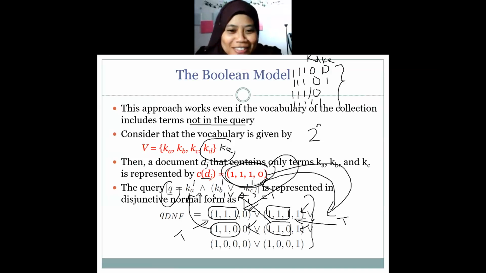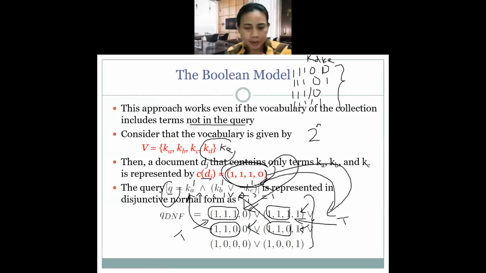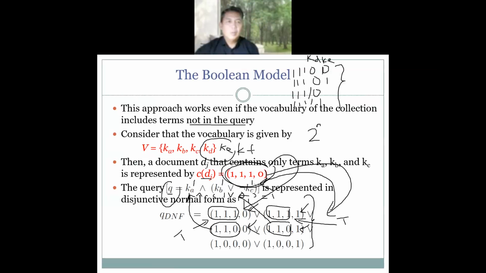Clear? So if you have KF as well, you will have 000, 001 and so on.